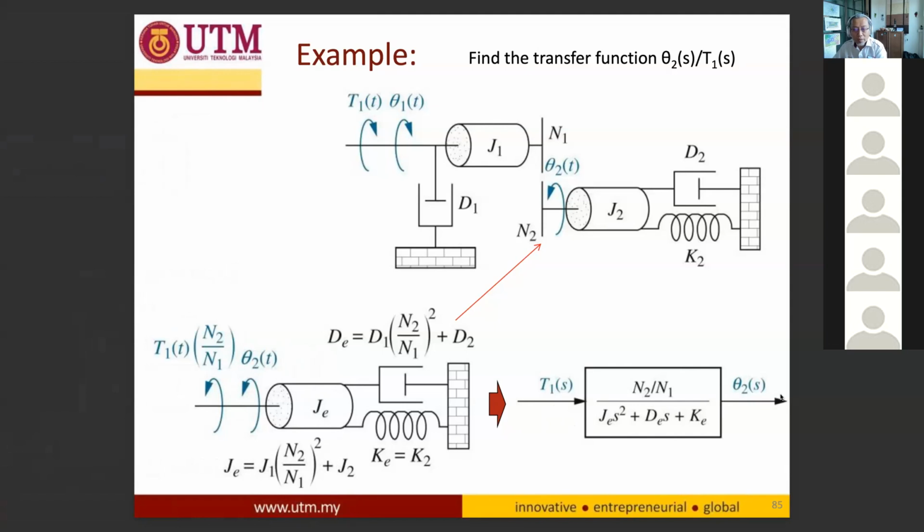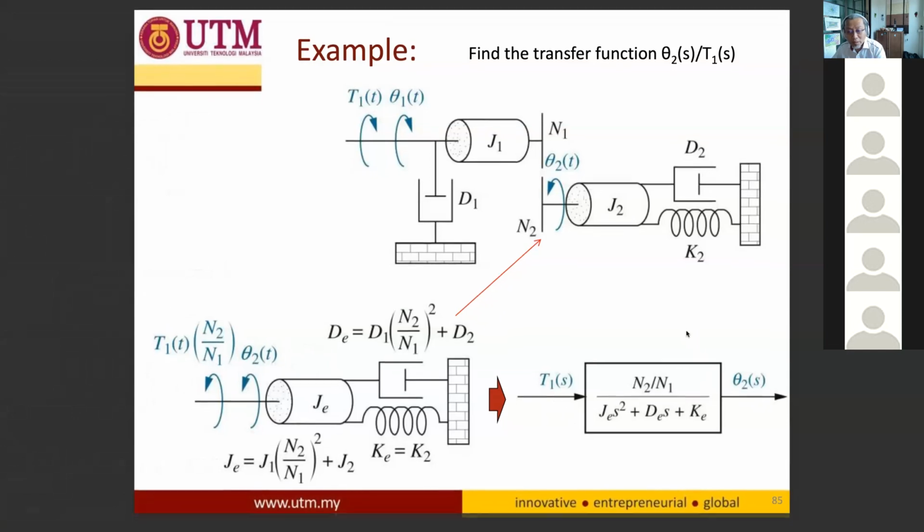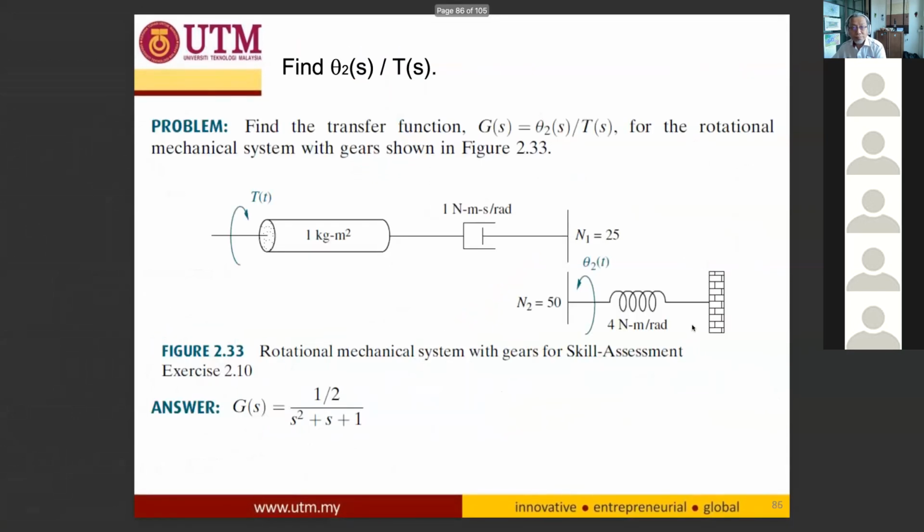Input T1 and output theta 2. So the mathematical model between theta 2 and T1 is given by N2 divided by N1 over JE s squared plus DE s plus KE, provided the number of teeth of gear 1 and gear 2 is given.